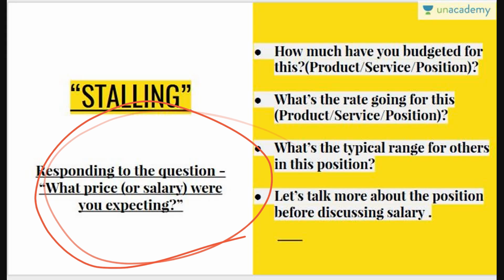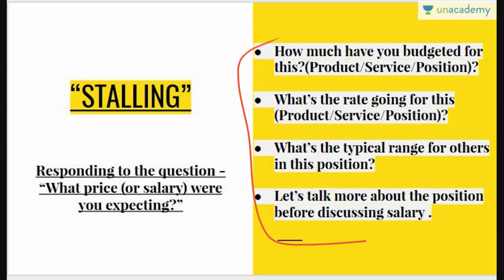If it is about sharing the product, if it is about getting the job, people do ask you your monetary expectations. So to such questions, what you can ask, mainly it is focusing on business, right? Not so suitable for people who are going for an interview. It might sound rude. So mainly for the purpose of business.